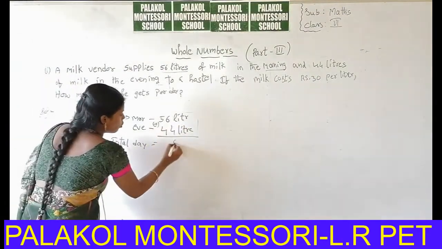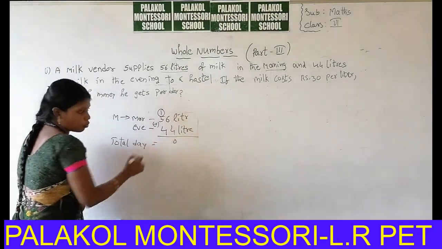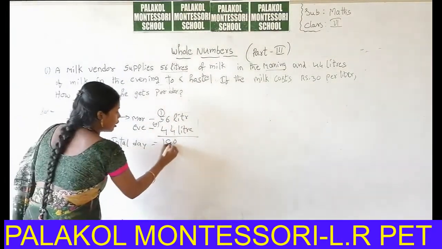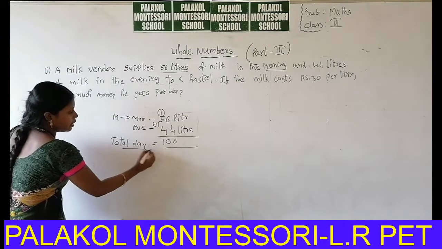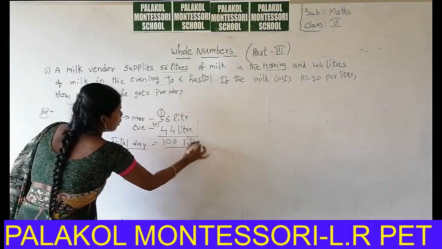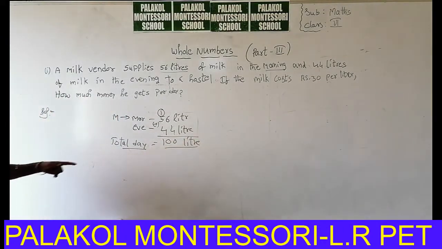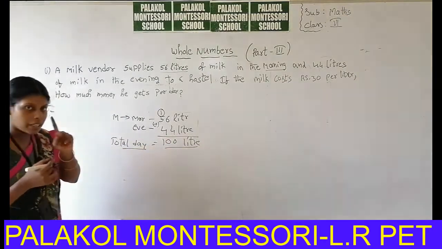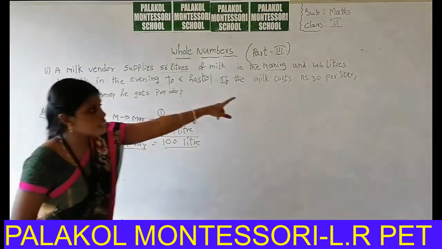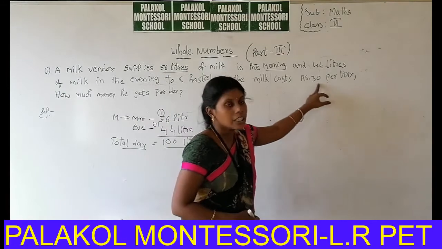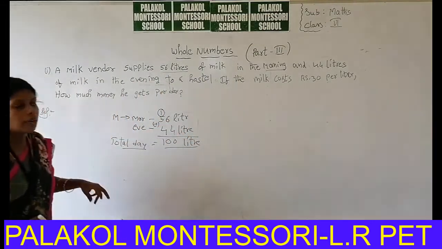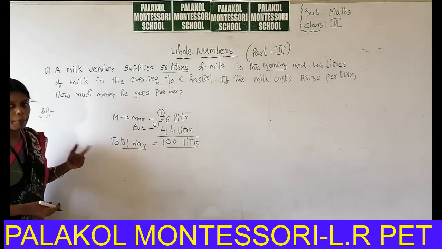So 6 plus 4, 10, 5 plus 4, 9, 9 plus 1, 10. So in total per day he supplies 100 liters of milk. But the milk costs 30 rupees per liter.